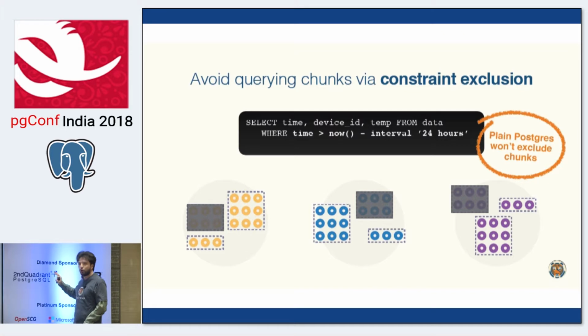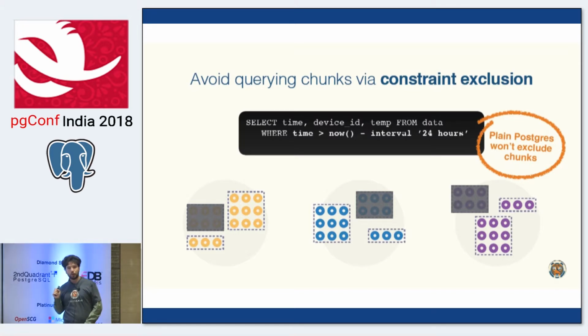But we couldn't just rely on plain constraint exclusion, and I'll show you why. So let's say we have a very simple select query where you do a where clause where time is greater than now minus 24 hours.